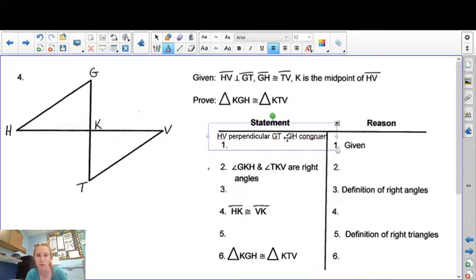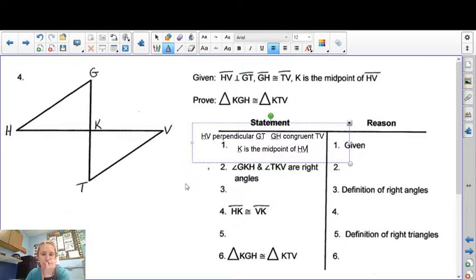GH congruent to TV. HGTV. Sorry. Oh, come on, that was funny. And I've got that K is the midpoint of HV. So that wasn't too hard. I got it. We're good.